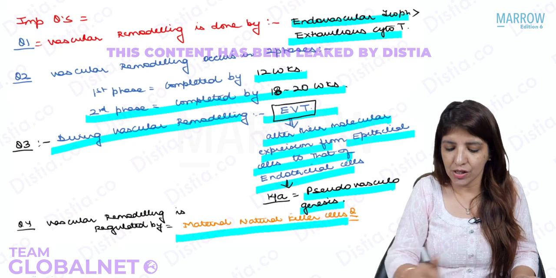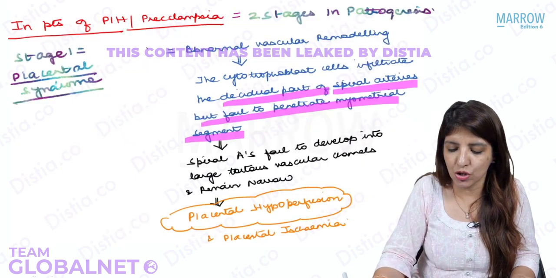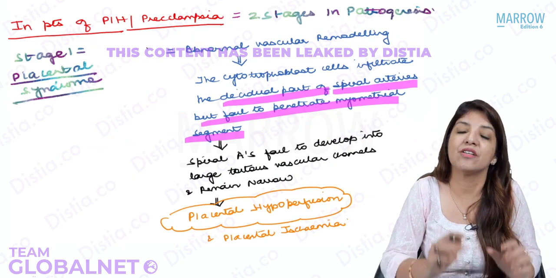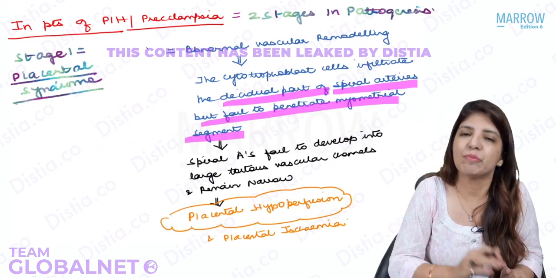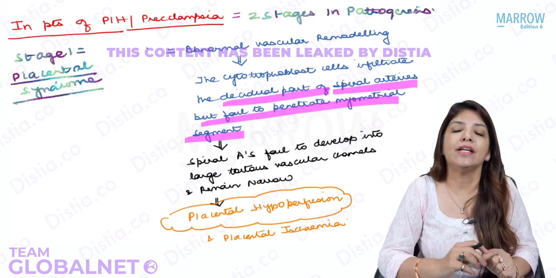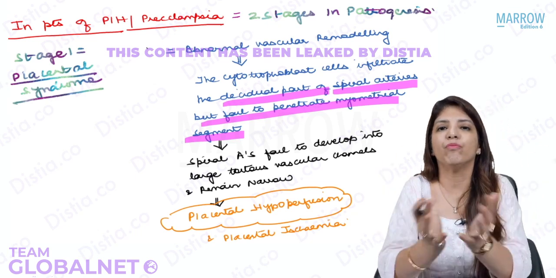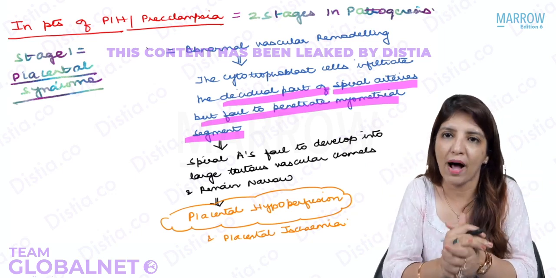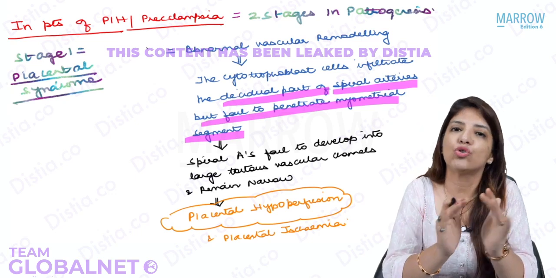Now understand what happens in patients of PIH. In patients of PIH, there is defective vasculogenesis, but it is not just defective vasculogenesis which is playing a part. It is an entire spectrum of events, and this entire spectrum is divided into 2 phases.